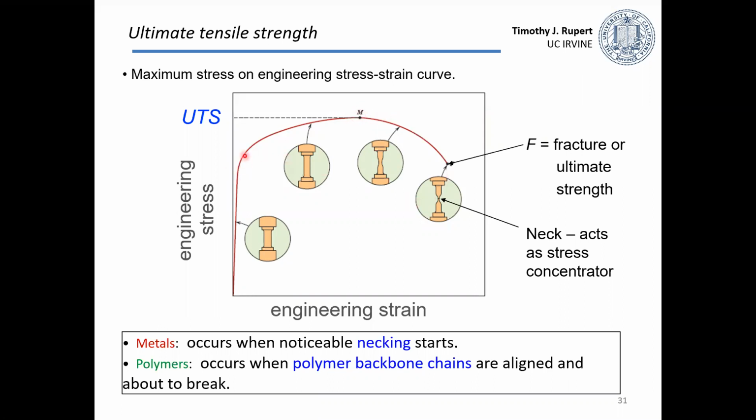So you can plastically deform and your part can survive, but once you go above the ultimate tensile strength, you can no longer survive. Okay? And after this point in metals, this is when visible necking starts to occur. And in polymers, you can also get necking, but this is where the polymer chains start to align and break.